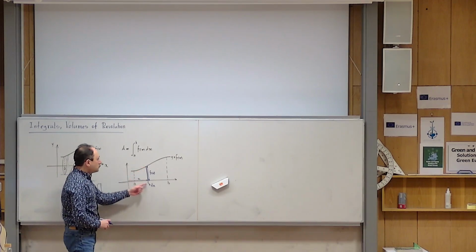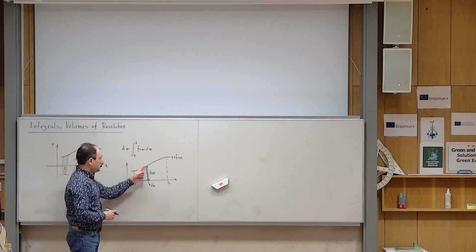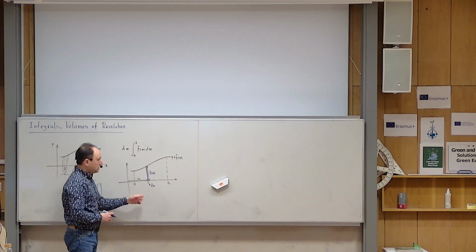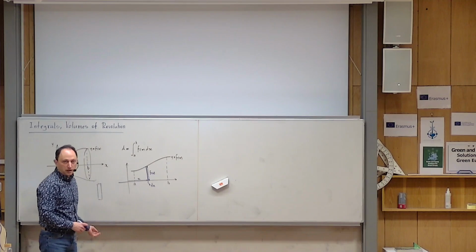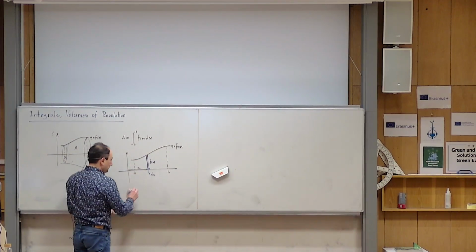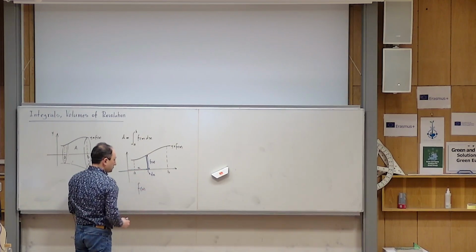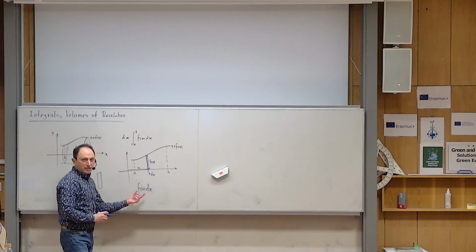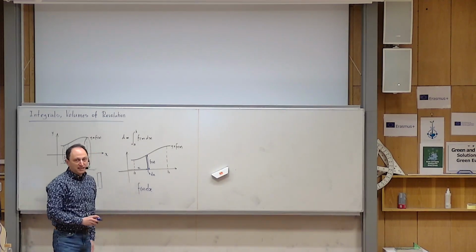Now, I ask you, what if you imagine that this blue thing that you see here is indeed a rectangle? What is the area of this rectangle? The area of this rectangle is the height, f of x, multiplied by the width, which is dx. What you get is called an infinitesimal.